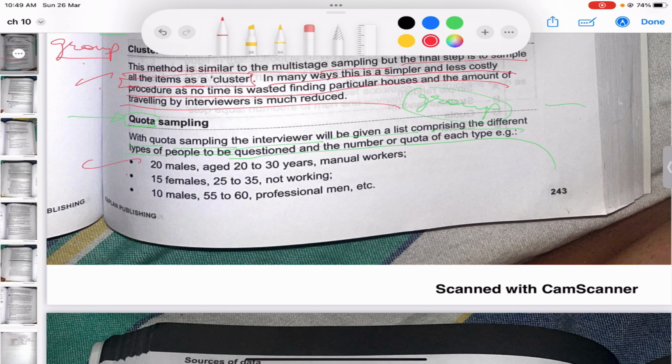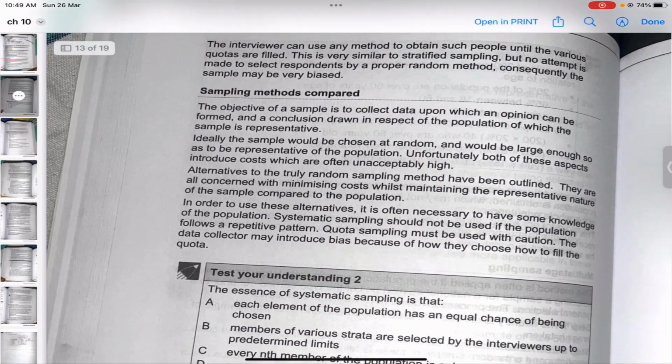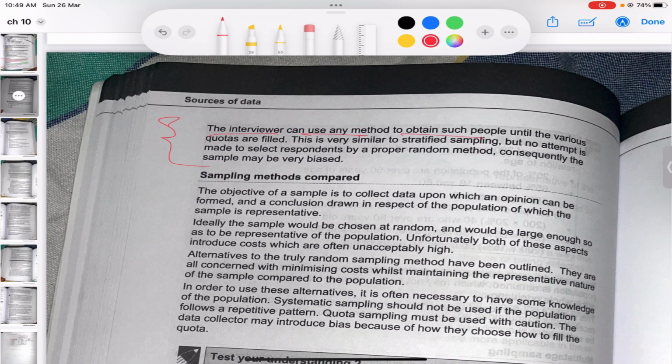For example, 20 males who are manual laborers, 15 females not working, 10 male professional men. So this is how you work on a quota basis. The interviewer can use any method to obtain such people until the various quotas are filled. This is very similar to stratified sampling, but no attempt is made to select respondents by a proper random method. The sample may be very biased. So whenever you are using a quota, the sample is not random, it can be biased in nature.